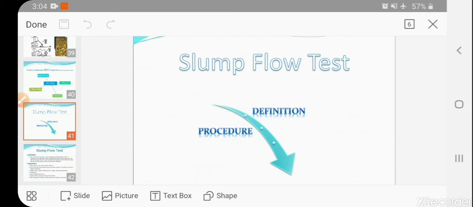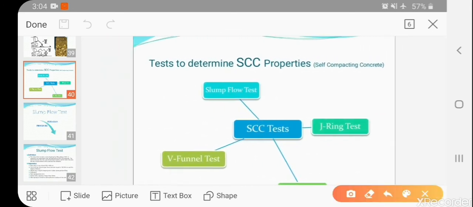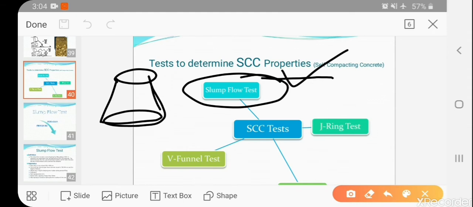Next, slump flow test. Here the tests to determine the self compacting concrete are: first one, slump test. This we have already learned in the second module, workability chapter, that is 10 centimeter, 20 centimeter diameter, and the height is 30 centimeter.